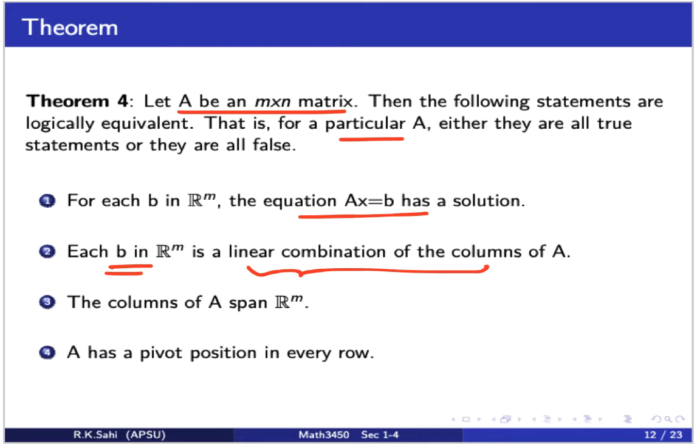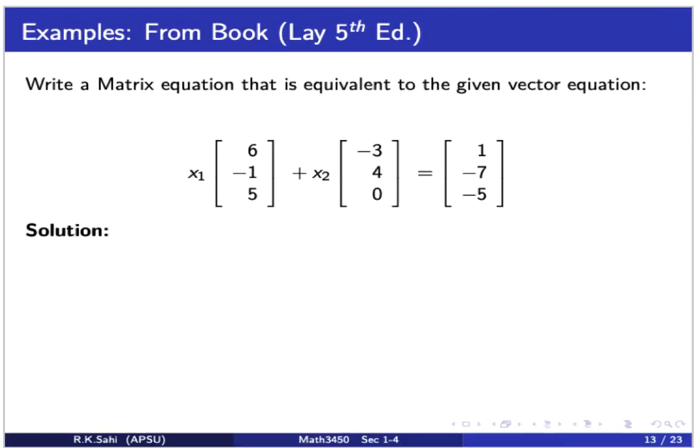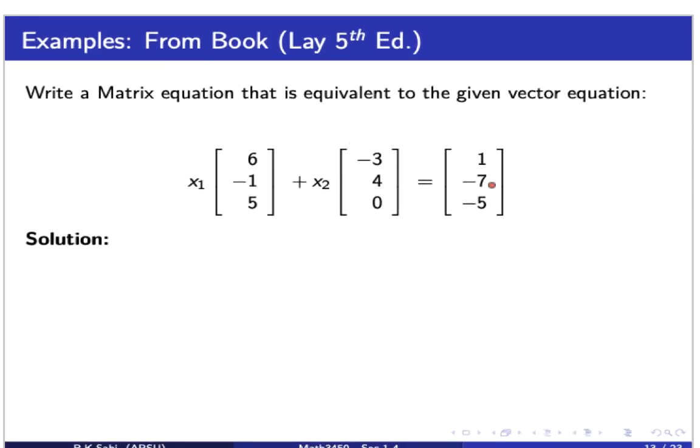The first one: write a matrix equation which is equivalent to the given vector equation. Now, notice a vector equation, if you keep in mind, is nothing but written as a linear combination of the columns of A. So basically, this will be the first column, this would be the second column, and this would be the vector x with the rows x1 and x2.